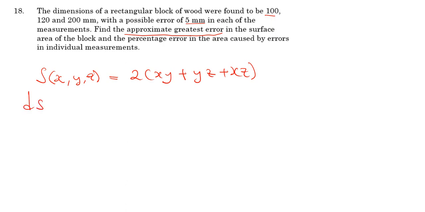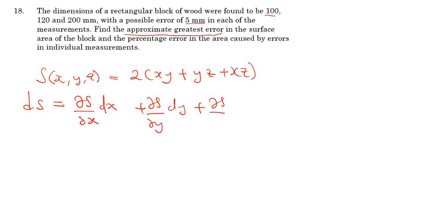This total differential dS is what is going to help us approximate this greatest error. dS is defined by the partial of S with respect to x times dx, plus the partial of S with respect to y times dy, plus the partial of S with respect to z times dz. Okay, so this is what I'm going to use.